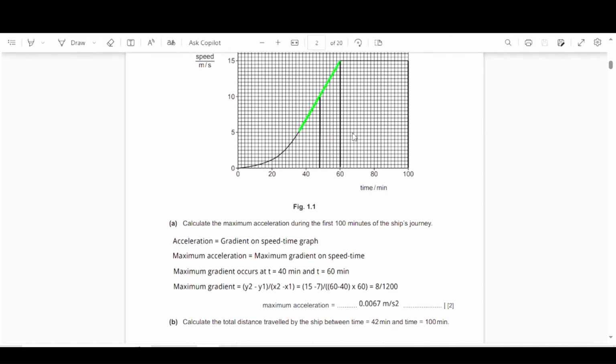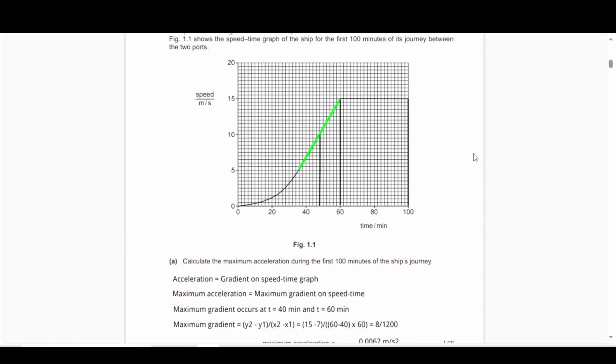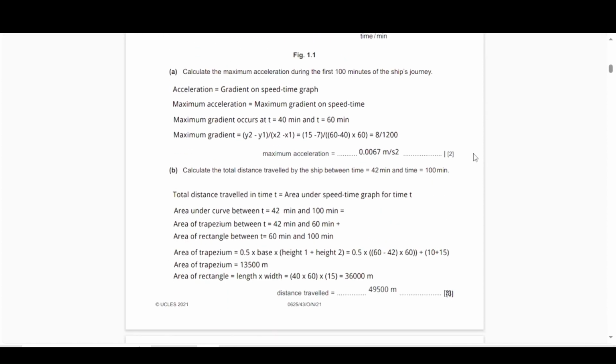There's a reason why we included the line at the 60. I'm just trying to split it up into a couple of shapes to make it a little bit easier to work with. So the total distance traveled is the area under the graph between the two times they've given.